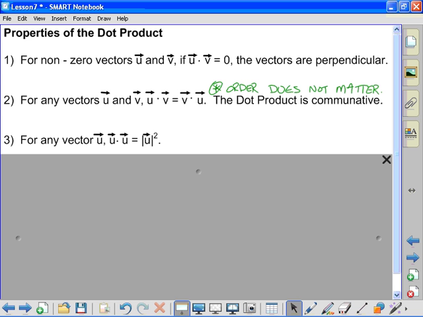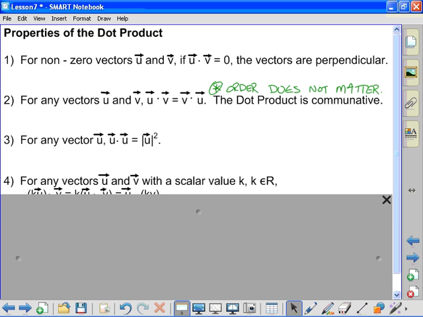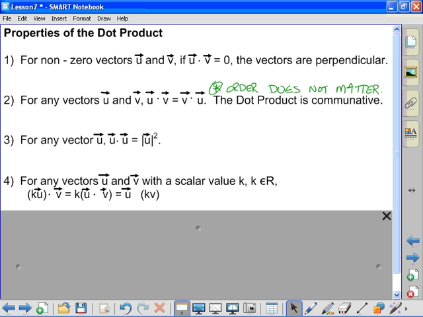If you do the dot product of itself, you end up with the magnitude squared. So if you do u dot u, you end up with the magnitude of the vector squared. We'll talk about where that plays a role later on for us. Number 4: for any vectors u and v with a scalar value, so that means we're going to multiply it by k.